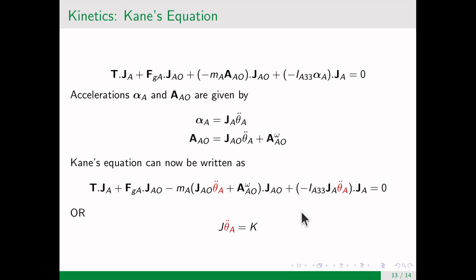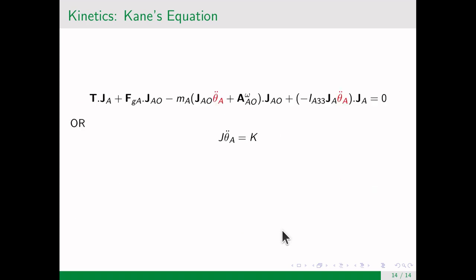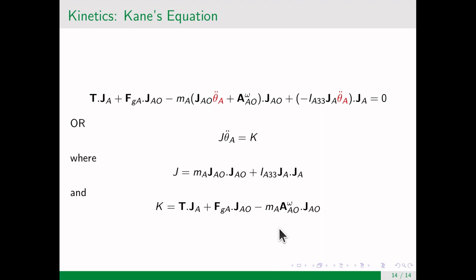Only the quantities in red are the unknowns. So we can simply solve this single scalar equation. There is no 3 by 3 matrix multiplication in this case. For a 1 degree of freedom system, you get one equation. So this is how it is.